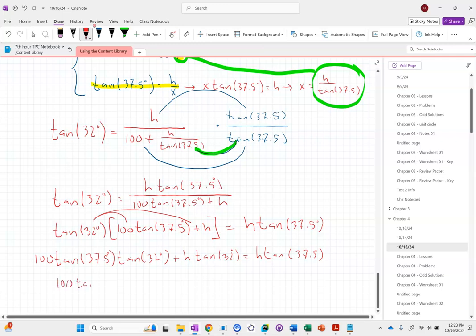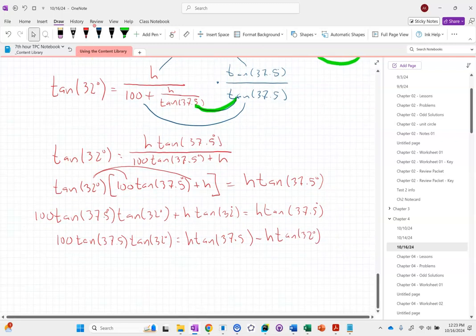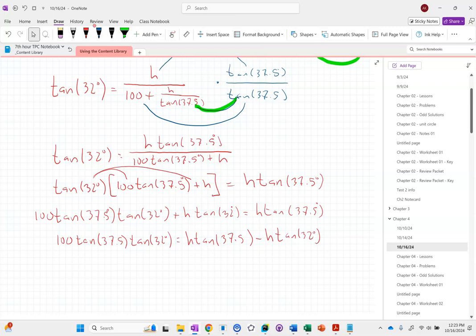And now I'm going to subtract the h tan 32 from both sides. And you notice now my h's are both on the same side, right?